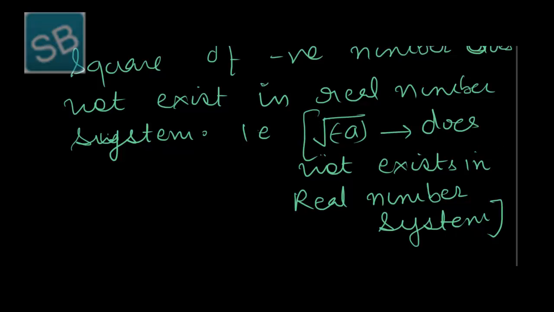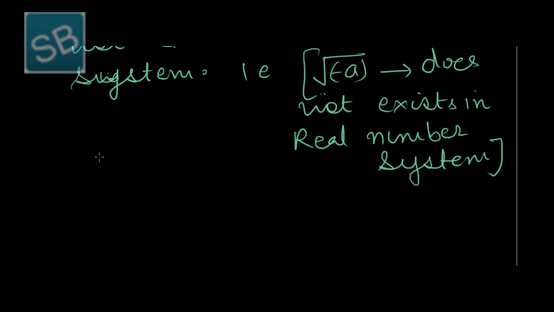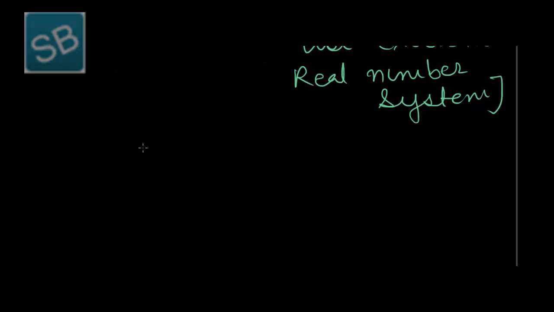So our mathematicians worked on this and they extended the real number system in such a way that their calculation of algebraic multiplication can be done easily and defined properly. And this new set is nominated as complex number and is made up of real number.